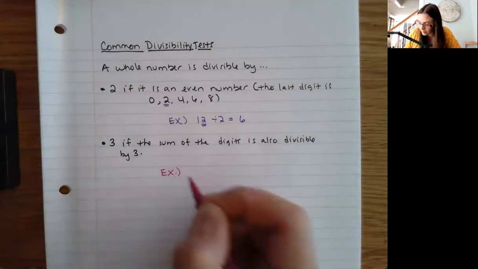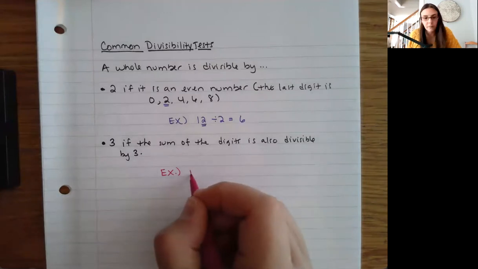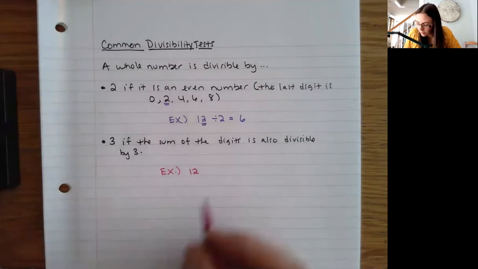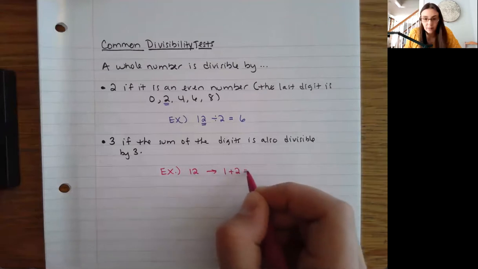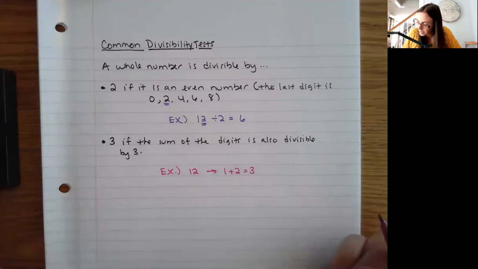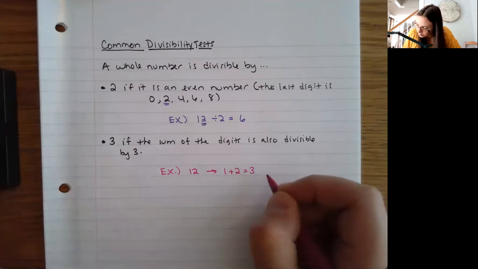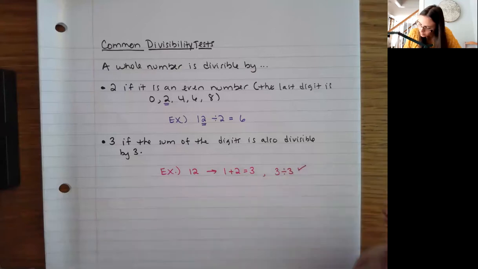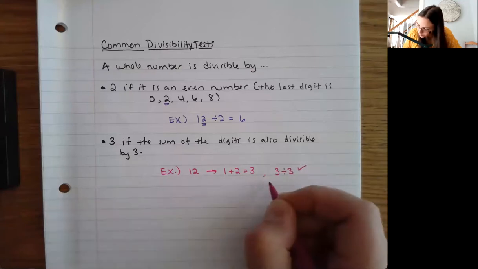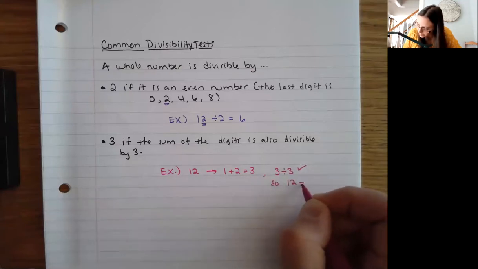But we'll do a regular example. Let's do 12 again. Okay. So our two digits here are 1 and 2. 1 plus 2 equals 3. And notice that 3 can be divided by 3. So 12 can also be divided by 3.